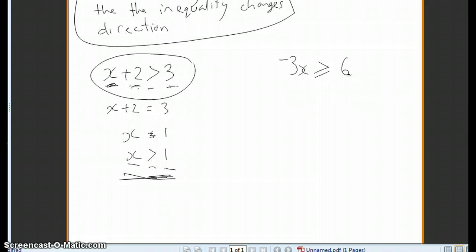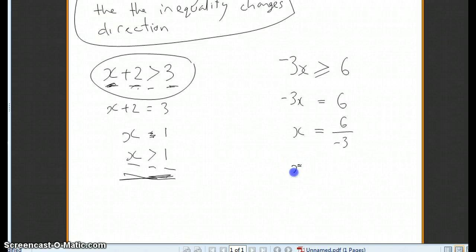To solve this problem, think of the inequality sign as an equal sign, right? And do the division. Now, because I'm dividing by negative 3, the inequality sign changes from a greater than sign to a less than sign.